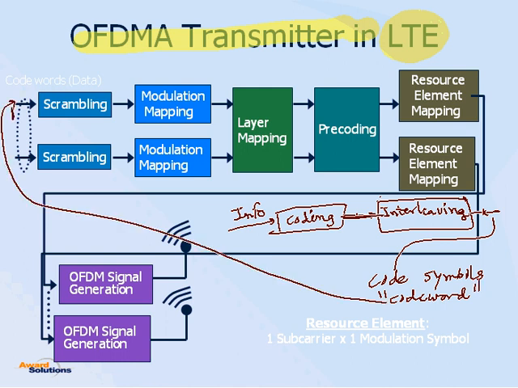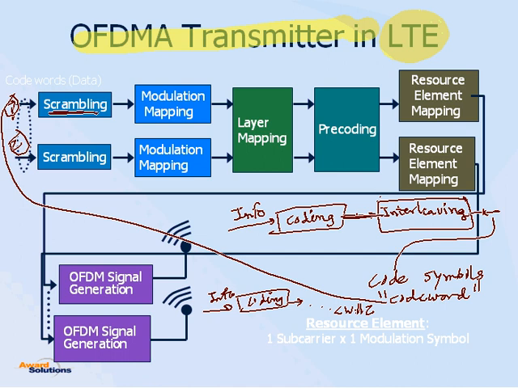In LTE, we have up to 2 code words. So you can have 2 parallel turbo coding blocks. You can have the same thing here, information and turbo coding or whatever, whatever rate, etc. That will give you code word number 2, another code. So we have 2 code words now.